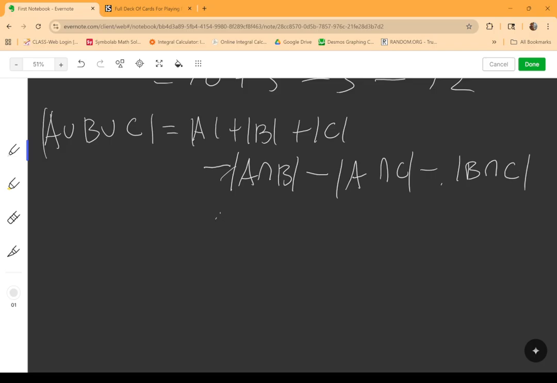But that is a step too far, and we add back in the intersection of all 3.